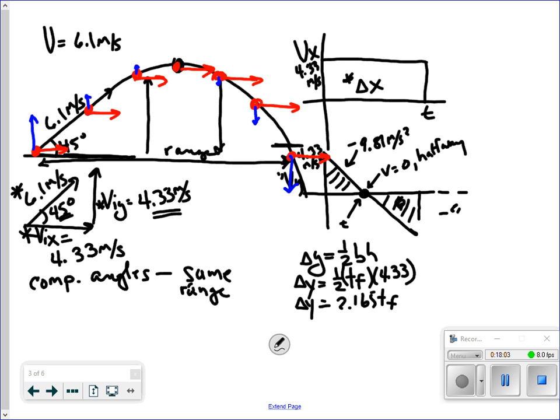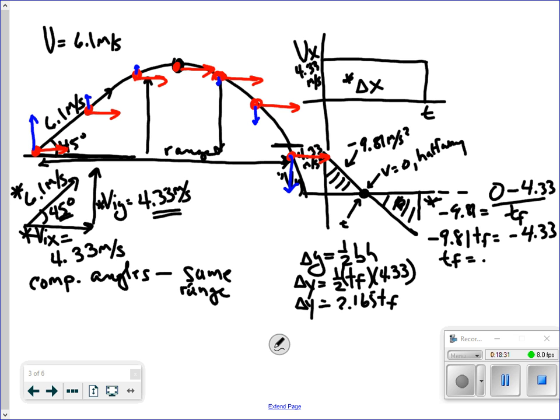All right, so negative 9.81 equals VF, VF is 0, minus initial velocity, 4.33, over TF. TF is what I'm looking for. Oh, winner, winner, chicken dinner. Here we go. Look, I only missed one thing over here. Negative 9.81 TF equals negative 4.33.